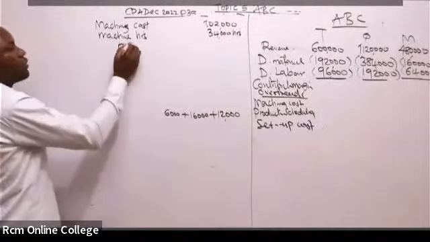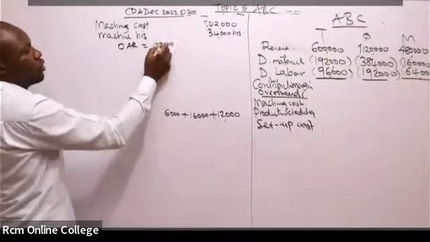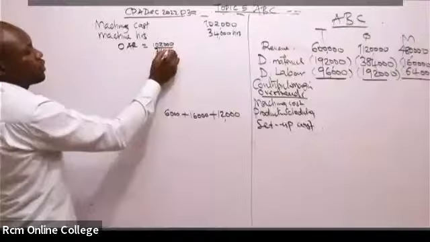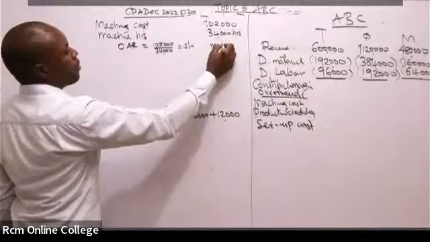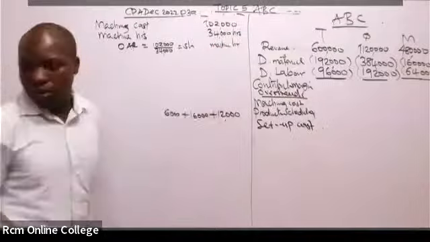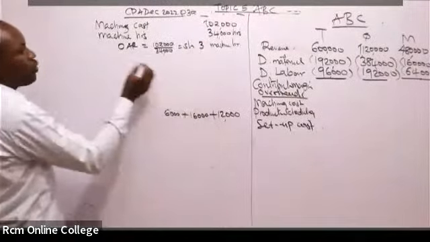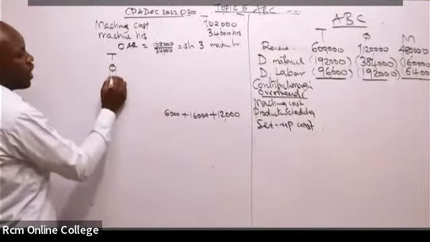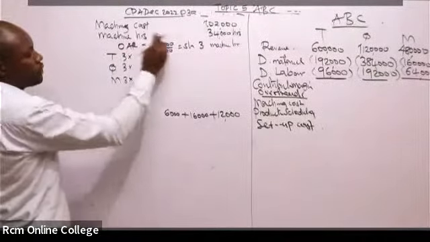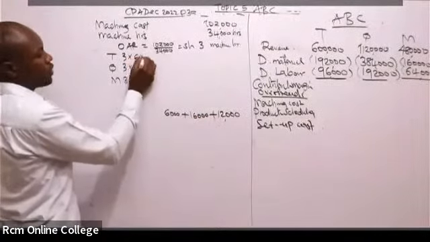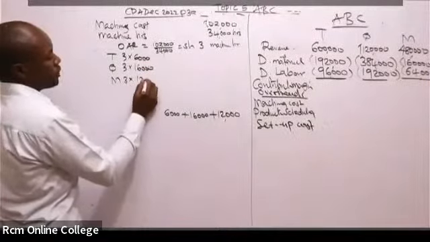Good. So can we get the overhead absorption rate very fast? 102,000 divided by 34,000 shillings per machine hour. How much is it? 3 shillings per machine hour. So we have products T, Q, M. We take 3, multiply by the activity levels, which are 6,000, 16,000, and 12,000.